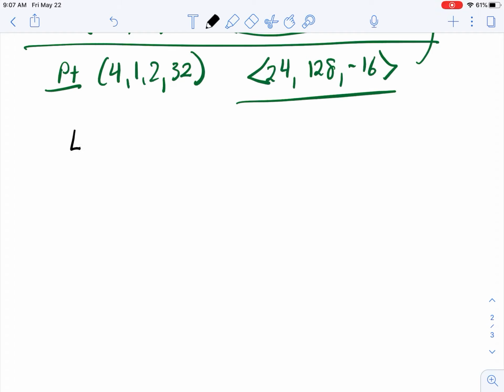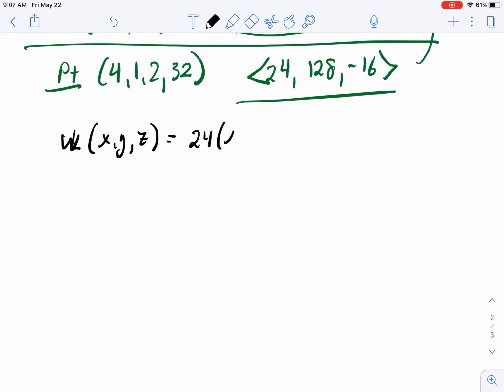So now, let's say alpha linearization of x, y, z. Now we have three variables. I guess we could use w too. Let's use w.